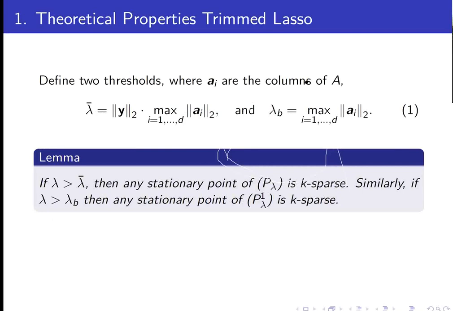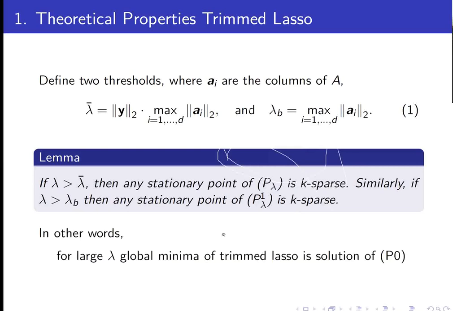So it turns out that you can define two thresholds, lambda bar and lambda b. And if lambda is larger than one of these thresholds, then the solutions of the relevant problems are k-sparse, okay?